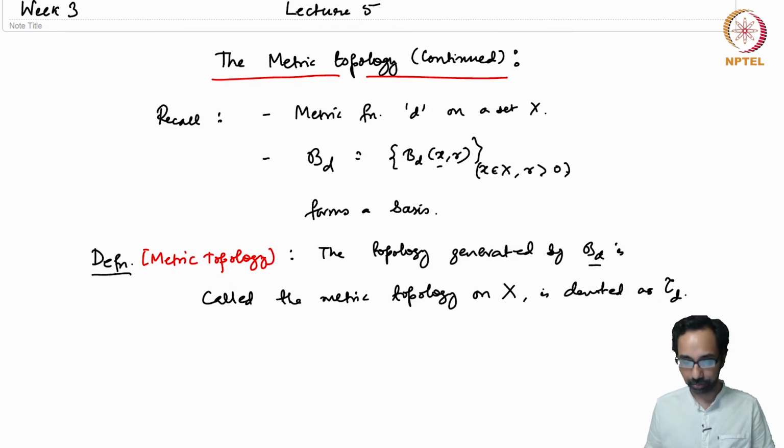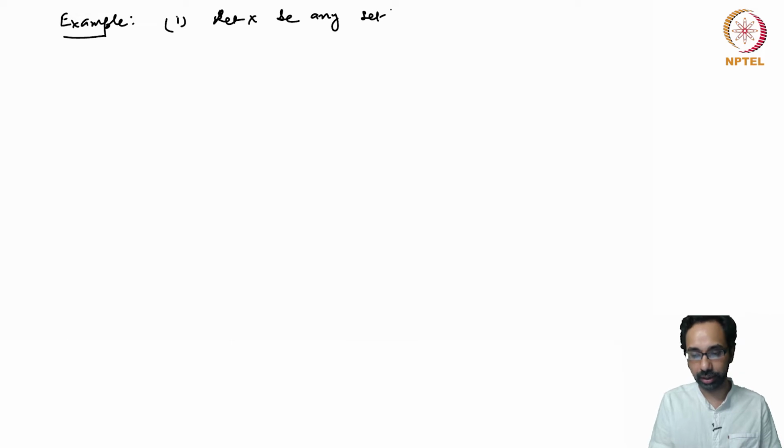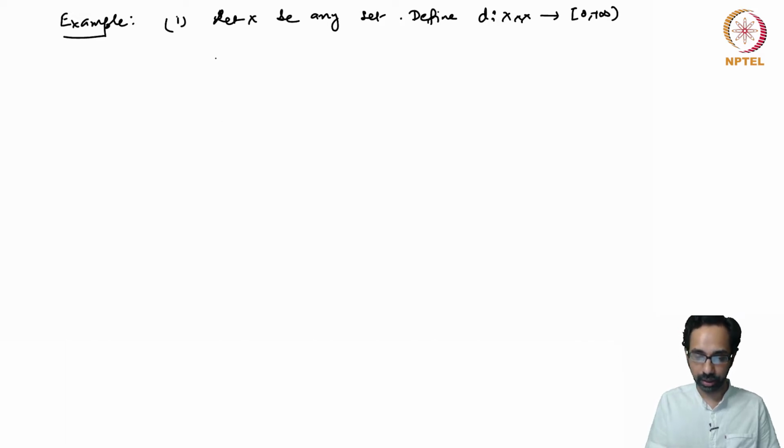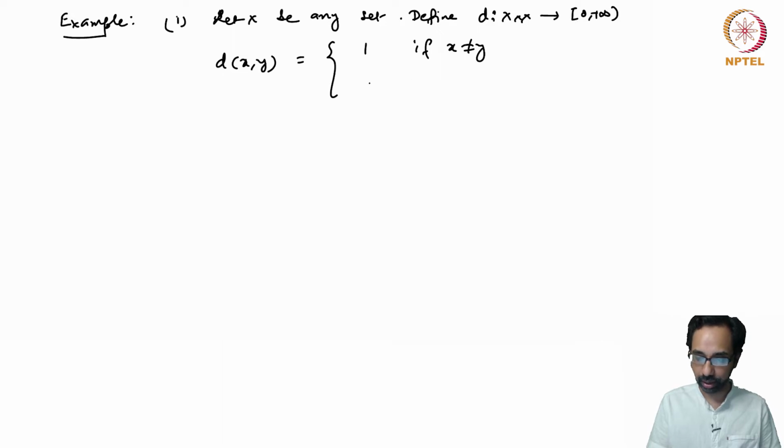Now let us see some examples of metric functions and the topology that they induce. So the first example: let X be any set, and define the function D from X cross X to the non-negative real line as follows. d(x, y) is equal to 1 if x is not equal to y, and 0 if x is equal to y.